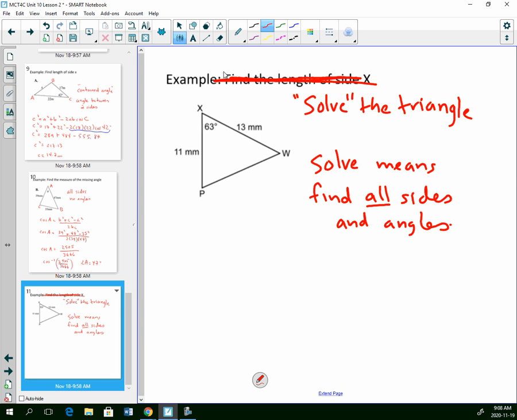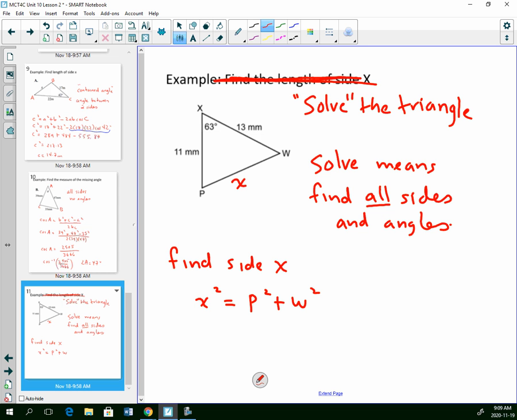It doesn't matter what order you do it in, but obviously there's going to be an order that makes more sense. I have an angle in between two sides, so I would have to use cosine law to find that side first. So I would find side x first, using the cosine law.